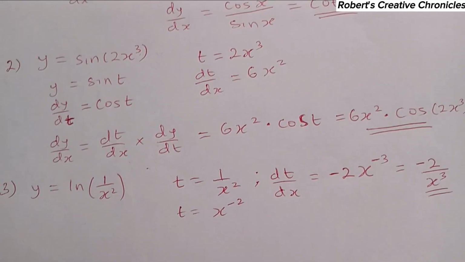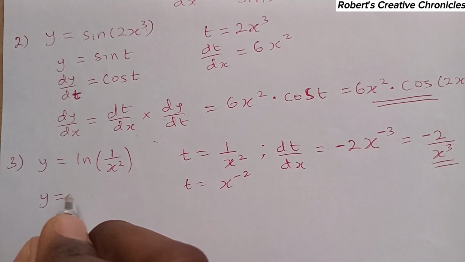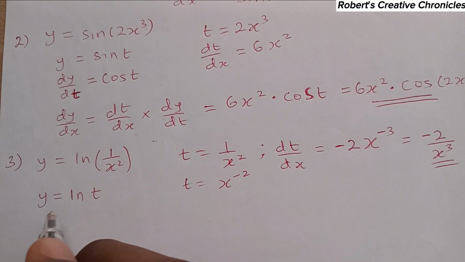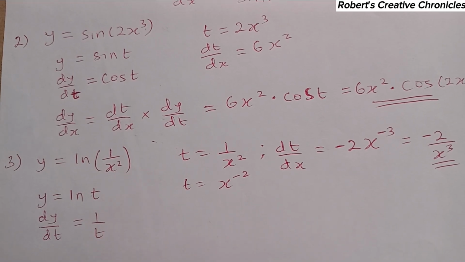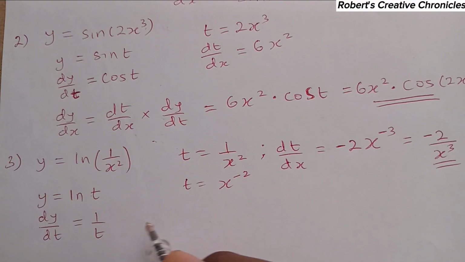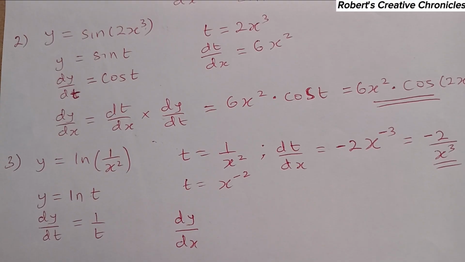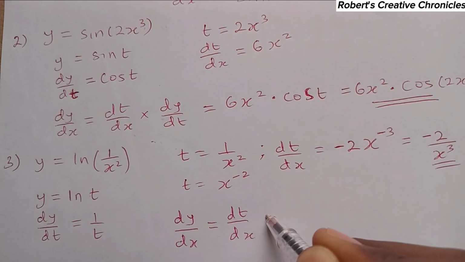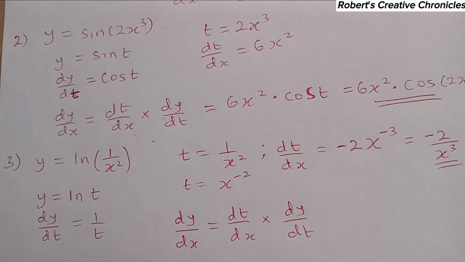So now, y will be equal to what? Ln t. Then dy over dt is what? 1 over t. So therefore, we can say dy over dx will be equal to dt over dx times dy over dt.